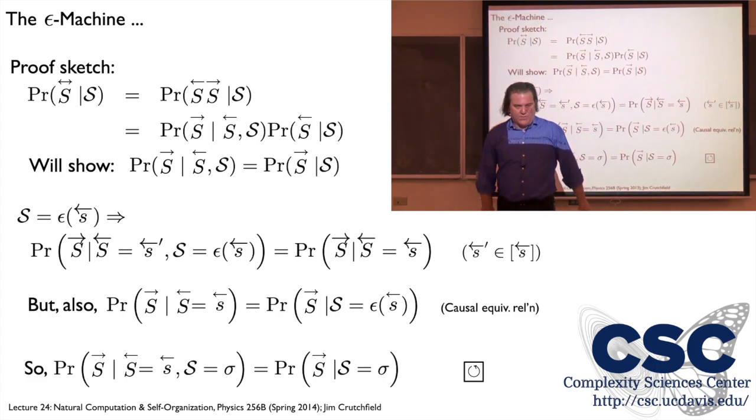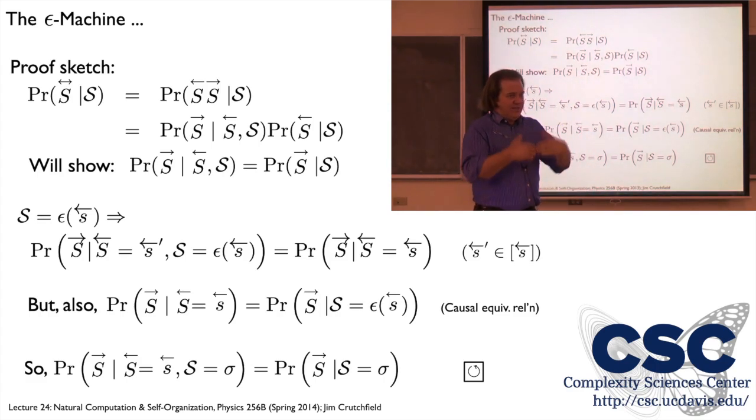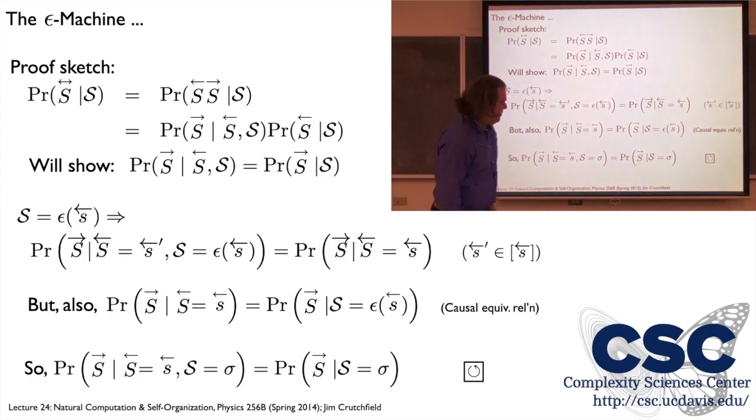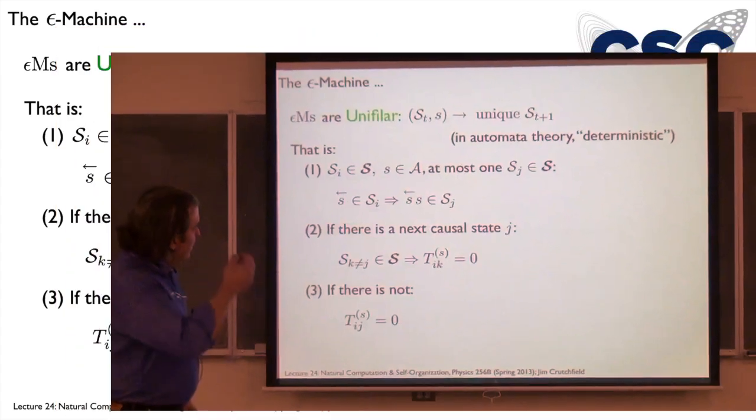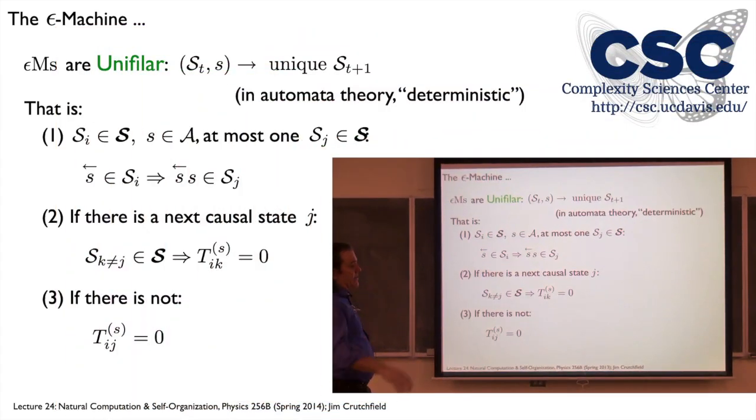Those are the same kinds of information, at least as far as predicting the future distribution goes. Okay, so that gives us the causal shielding idea, which gives us some interpretation of what these causal states are doing. It's a kind of operational property of causal states.